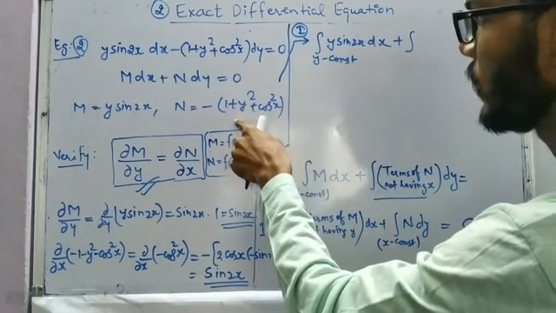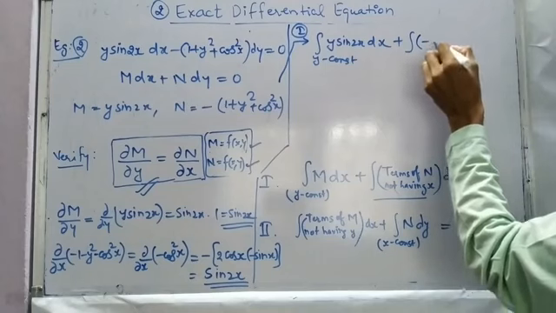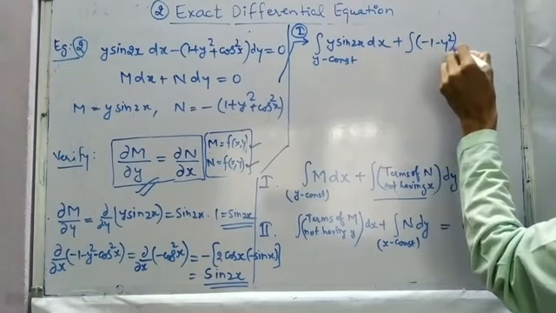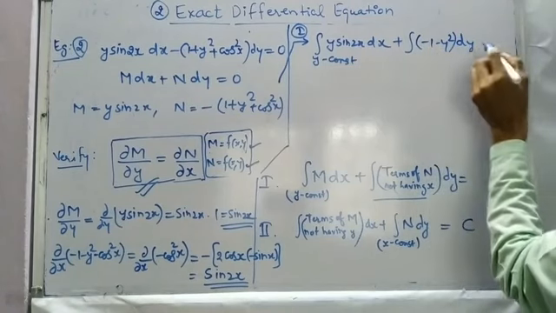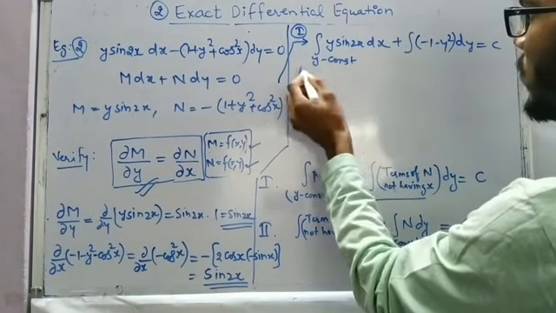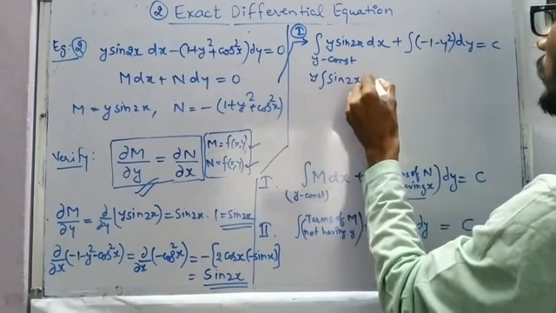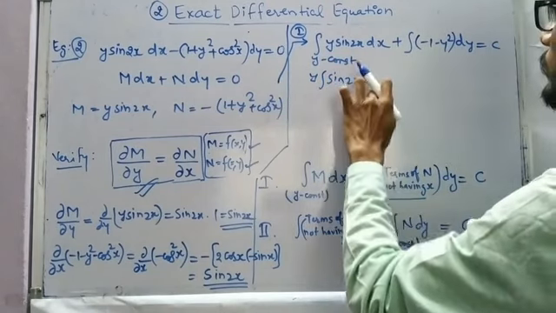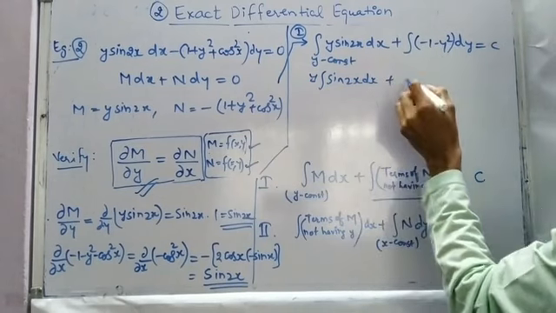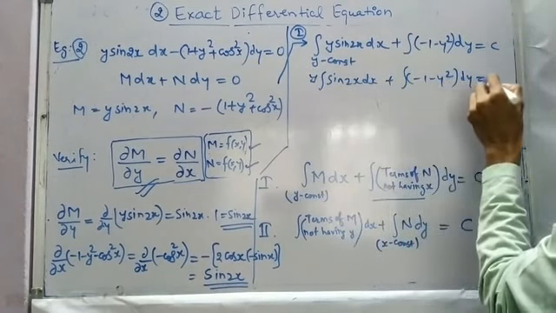The term of n not having x is 1 plus y square, whereas cos square has x. So minus 1 minus y square dy is equal to c. So y constant means y outside, and integration of sin 2x dx plus integration of minus 1 minus y square dy is equal to c.